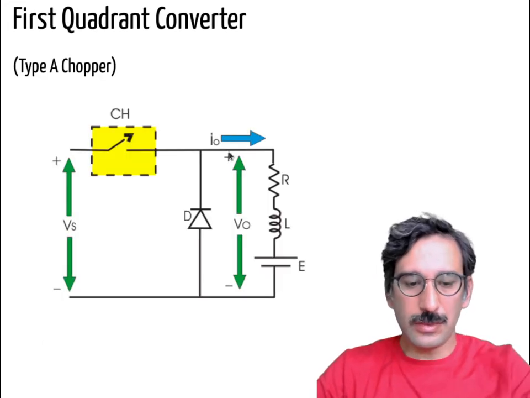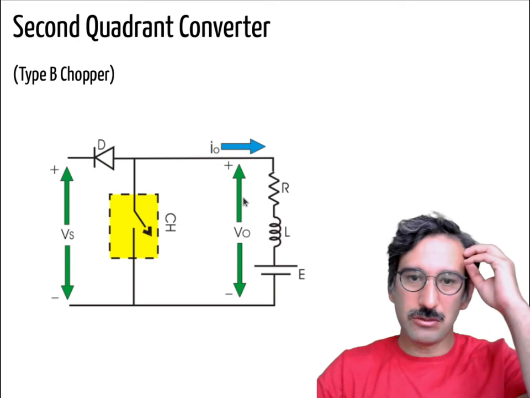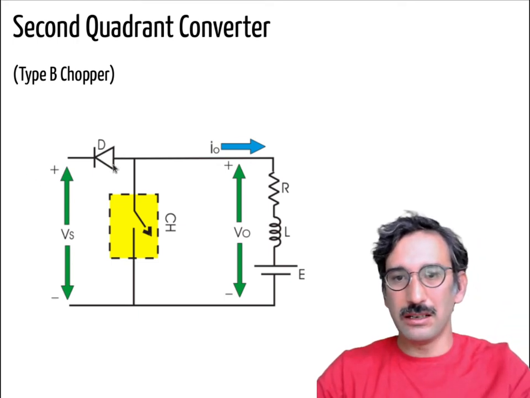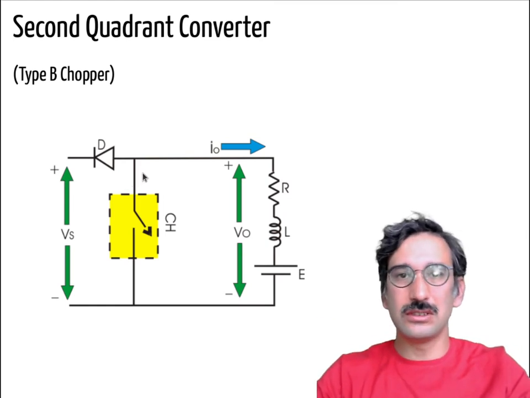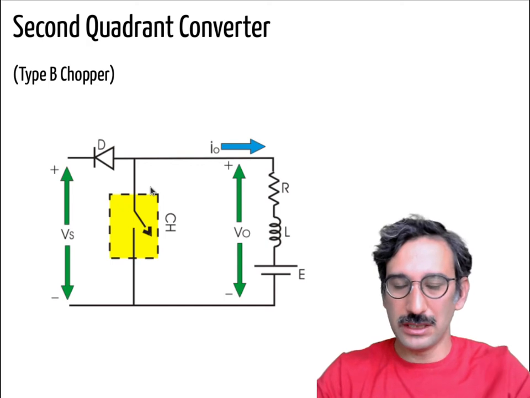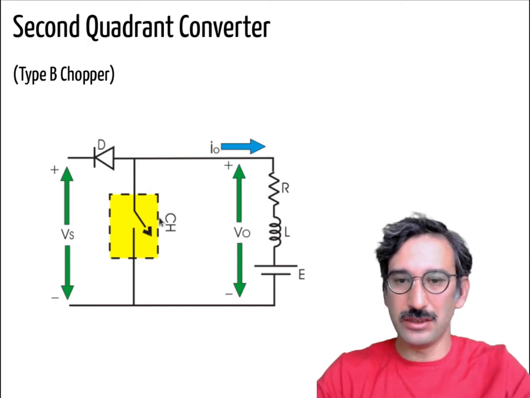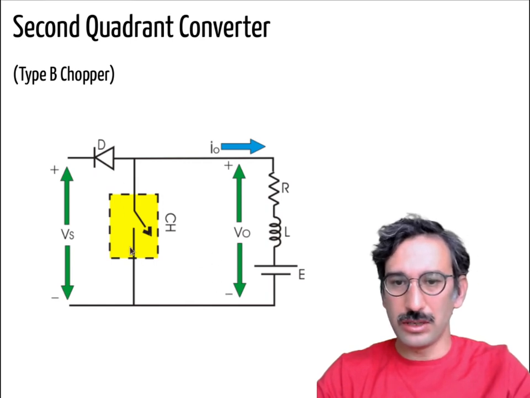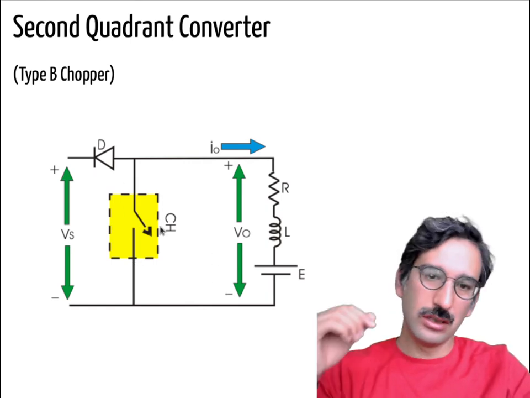Okay, and let's move to the second quadrant. Here the diode direction is just changed. Those topologies are not specifically important, but I would like to discuss the different operations. Here we have a back EMF, so we can close the circuit.